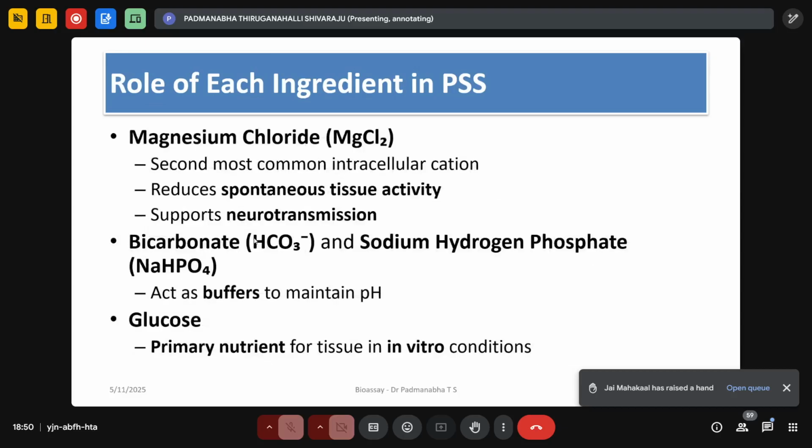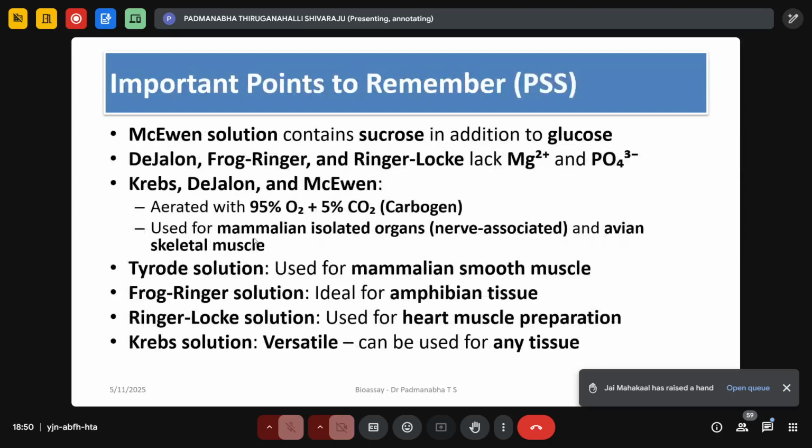So these are the roles of each of these components. The bicarbonates maintain the pH, and magnesium chloride supports the tissue activity, reduces spontaneous tissue reactions, and also supports neurotransmission. The glucose, on the other hand, provides a nutrient to the tissue in in vitro conditions.